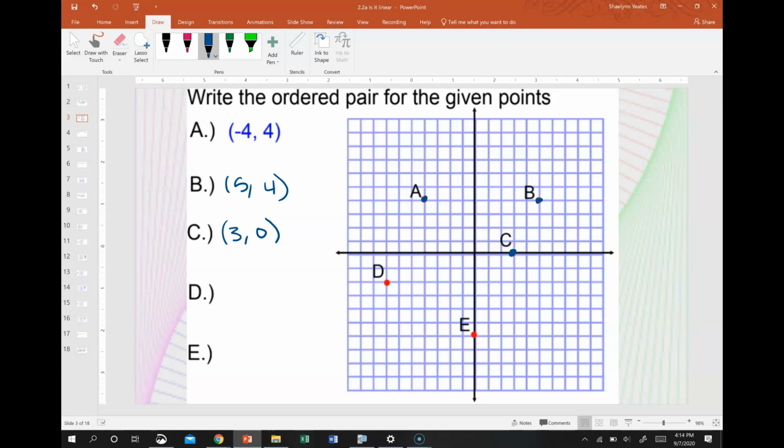D is over 1, 2, 3, 4, 5, 6, 7 in the negative x direction, and then we went 2 in the negative y direction. Then on E, we went down 1, 2, 3, 4, 5, 6. So we went over 0 in the x direction and down 6. Hopefully you could have gotten that on your own, but those were all lovely.